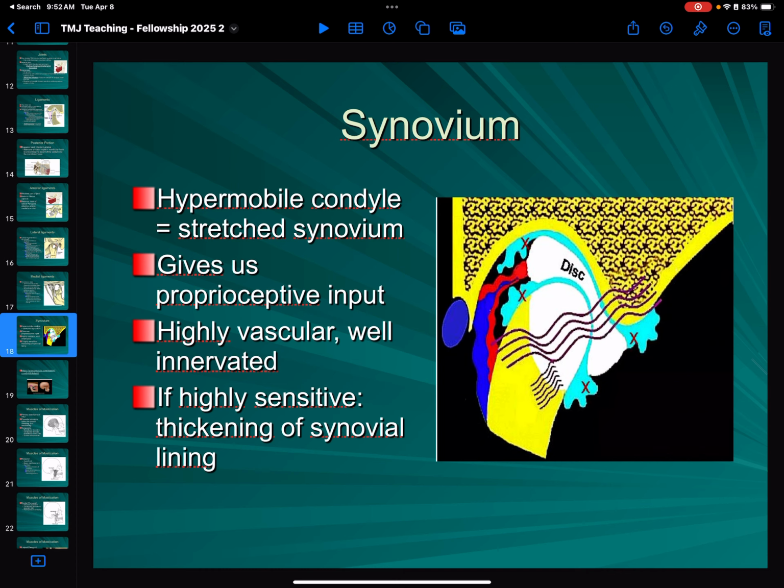I'm going to say you probably should ice this thing, and let's have a soft diet, and let's try to get it to calm down, and then I'm going to teach you how to make your jaw work better. Not that I need to know which part of the synovium is causing their symptoms. Make sense? But some people will get into big detail on this.